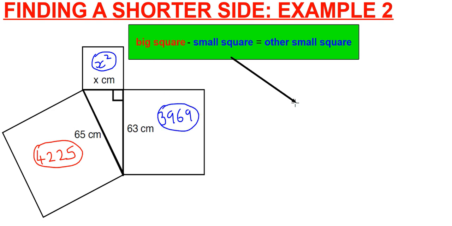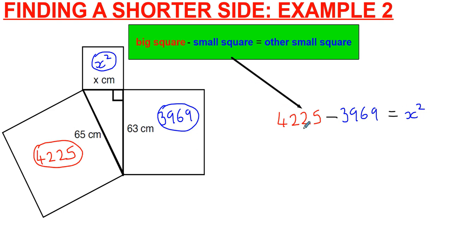So just applying this formula here. So the big square was of size 4225. Take away the small square we could work out, which is 3969. That will tell us the size of the square we're trying to find.